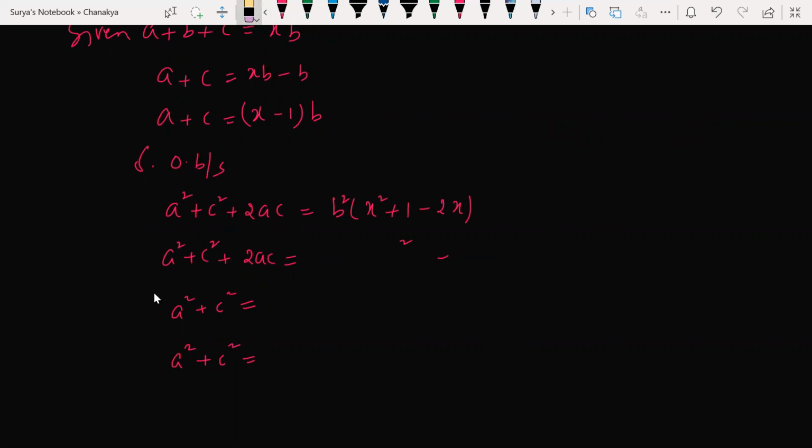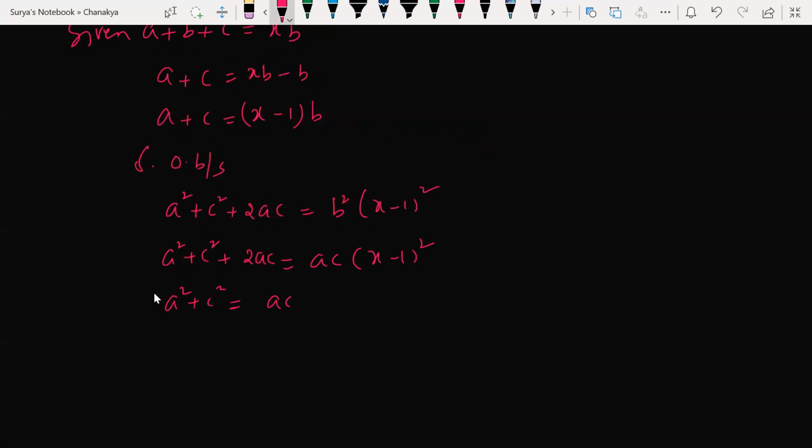Then we will do one thing. Instead of expanding, we can directly write here. We'll write it like this. Look at this. B square is equal to AC into X minus 1 whole square. You can expand it later, no problem.